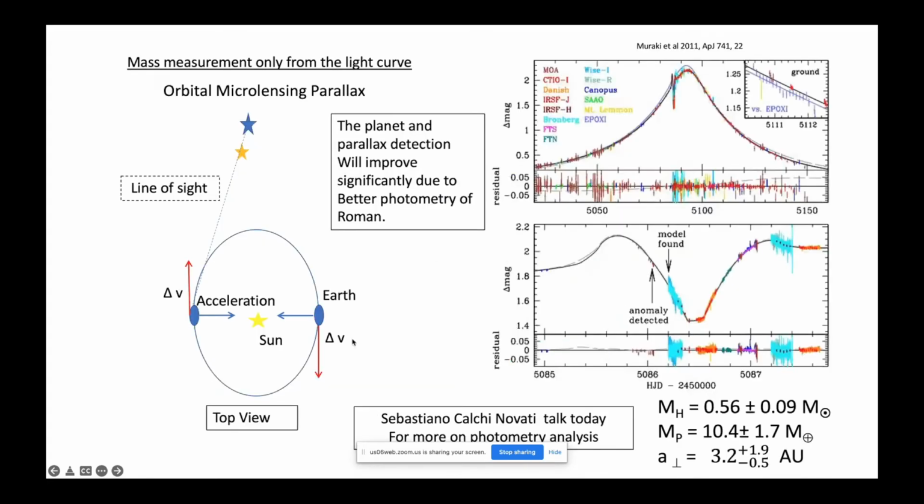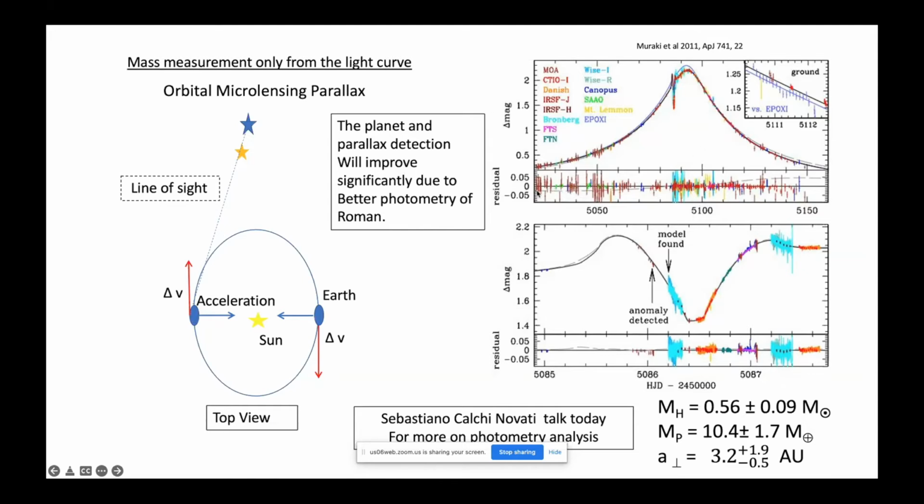So here is another example of the microlensing light curve. In this case, this was a light curve that was spanning about 100 days. The particular dip you see over here is the anomaly that was detected because of the planet signal. But in this case, the Earth was also accelerating around the Sun, and this effect of acceleration is caught in the microlensing light curve.